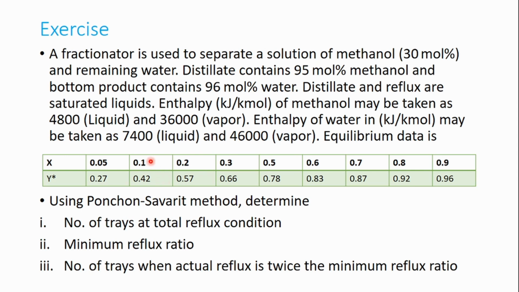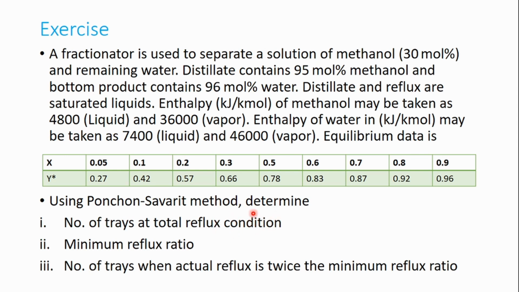Like that, for all X values you find HL values, and for all Y values you find HG values, and plot HLX and HGY. Then mark the ZF point, XD point and XW point.